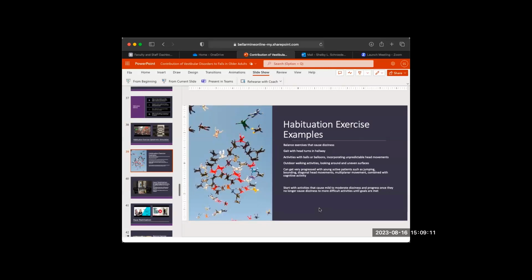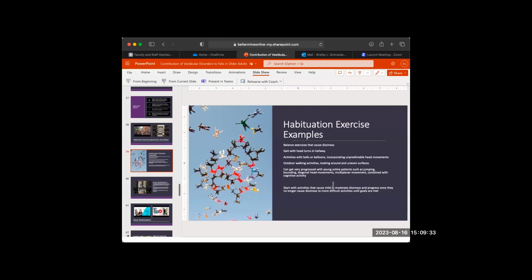Okay. So other examples of habituation exercise: balance exercises that cause dizziness, walking activities with head turns, activities with balls or balloons where we're incorporating unpredictable head movements. So we're having them follow the ball or the balloon with their eyes. Outdoor walking activities, looking around and on uneven surfaces.